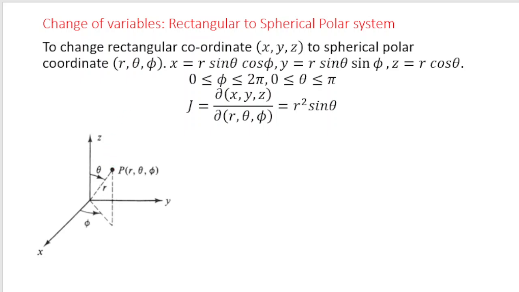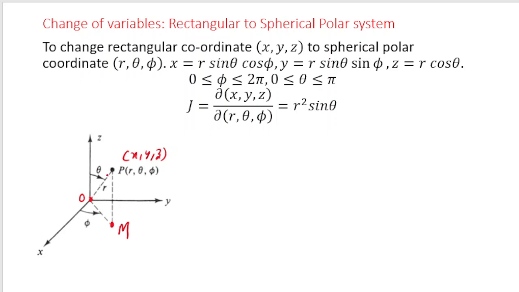Now the next thing is how to change rectangular to a spherical polar system. So in a spherical polar system, if I call this point xyz, I drop a perpendicular from the point P in the xy plane. So this point is P, and I am calling the foot M. Now what are the variables here? This is the origin, O. If you join O to P, you get the line OP.